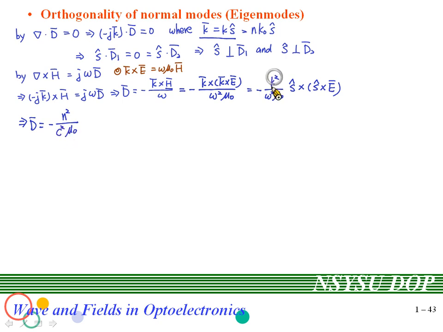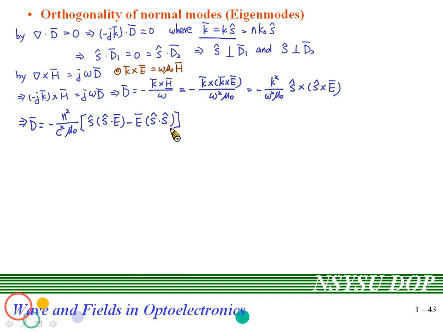We have replaced k in some expression. Please try to do this by yourself. And inside here, we use the BAC-CAB rule to have s hat times s hat dot E minus E times s hat dot s hat.